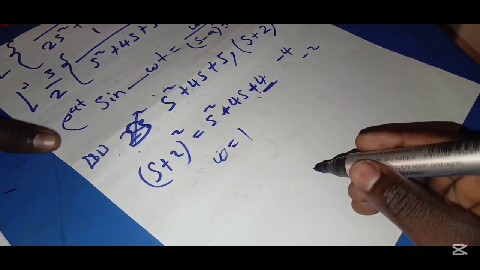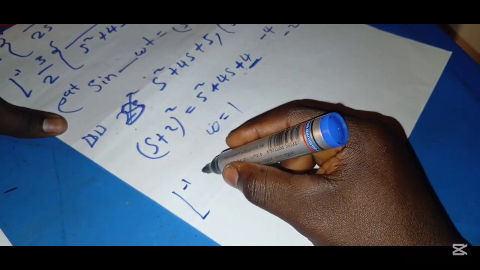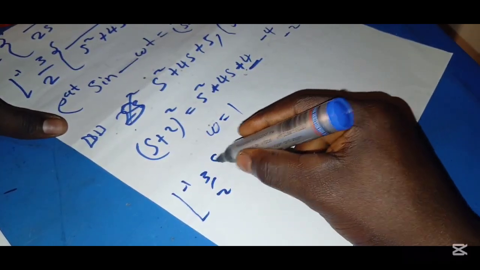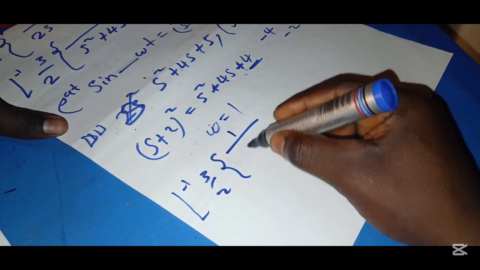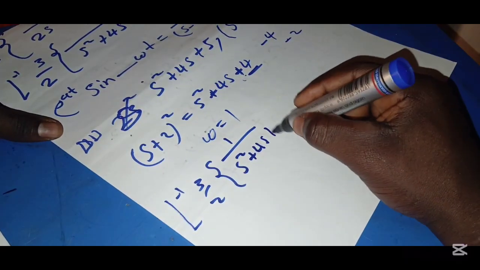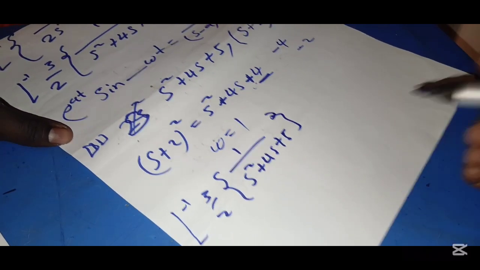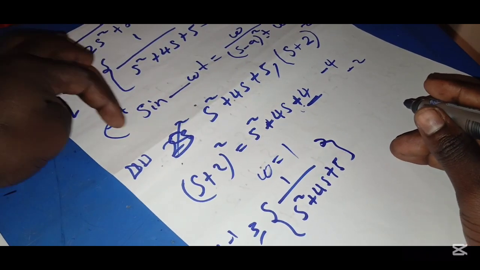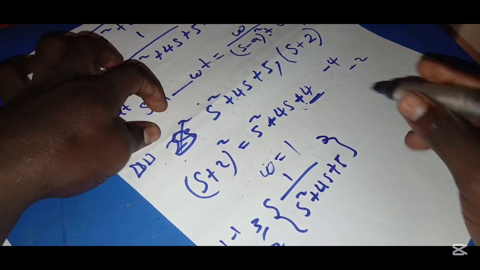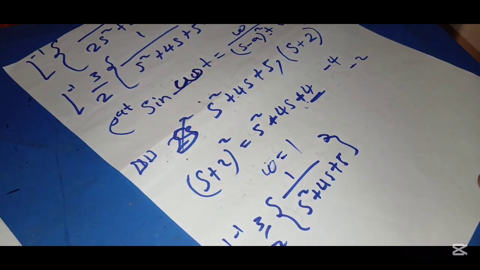This is telling me that the inverse Laplace transform of 3 over 2, times 1 over s squared plus 4s plus 5, is e to the power at sine omega t, since my w is not negative, right?